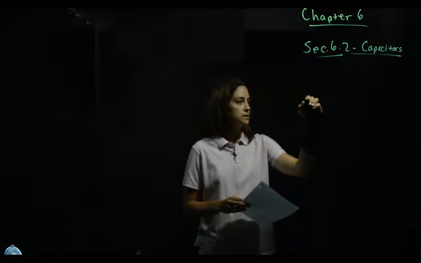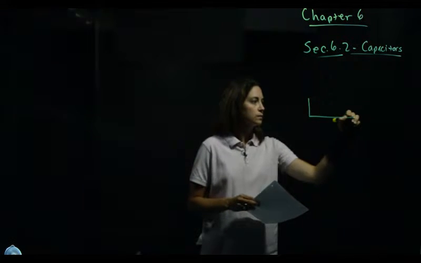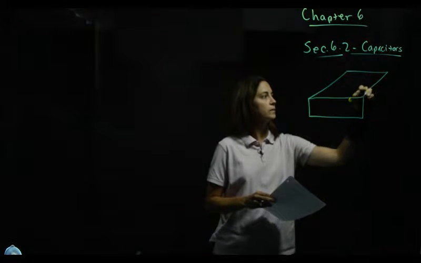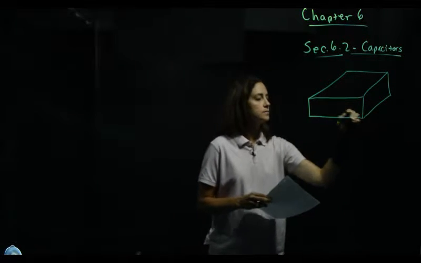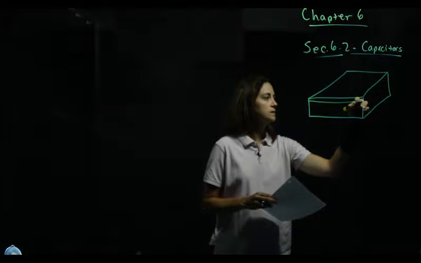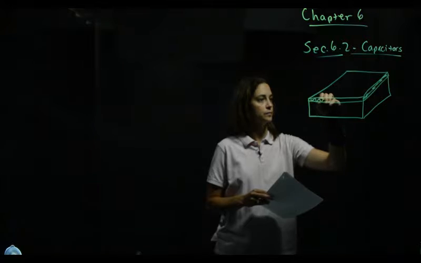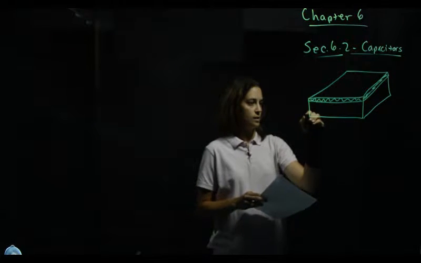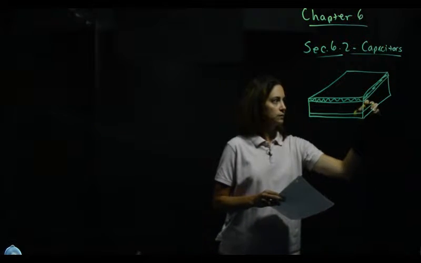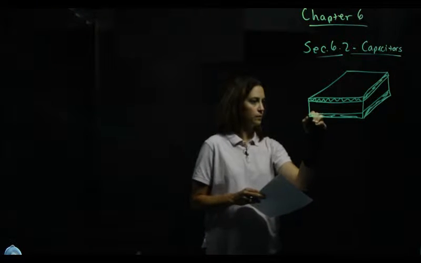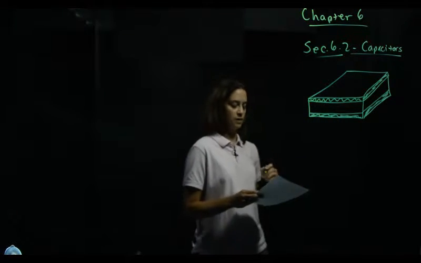So for a capacitor, draw a chunk here and then split it up. We have two plates. So there's my first plate and another plate, with something in the middle.